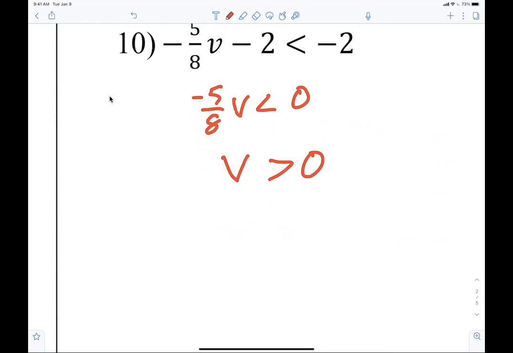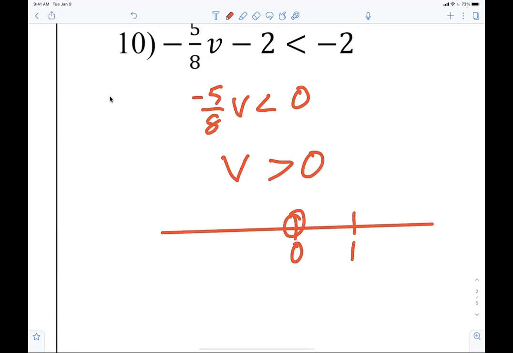Yes, V is greater than 0. Anybody have a problem with that? 0 times anything is still what? But when you multiplied it by a negative, you still had to change the inequality sign. That's exactly right. So now here we go. We're at 0, 1, open circle, heading to the right. There you have it.